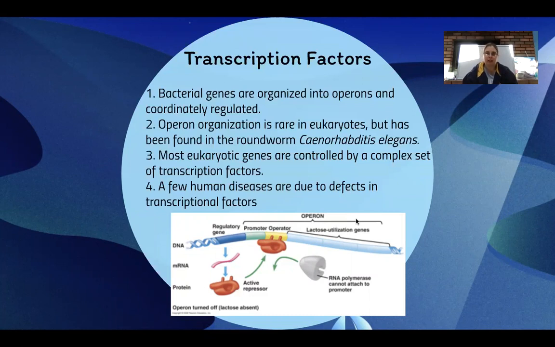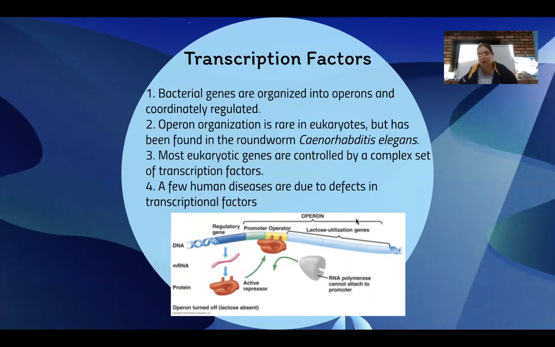And because it has such a strong and consistent role, it is regulated in a coordinate kind of way, meaning that, you know, it's kind of going to do certain things at certain times as needed. We don't see that in our DNA in eukaryotic organisms typically. It's very, very rare for operon organization to occur in eukaryotic organisms.